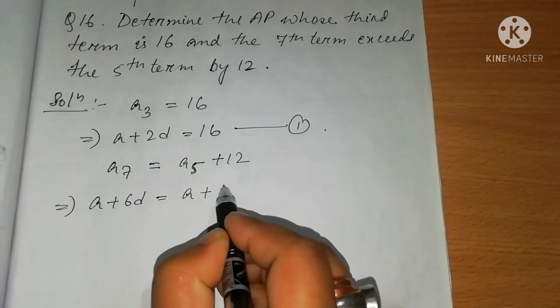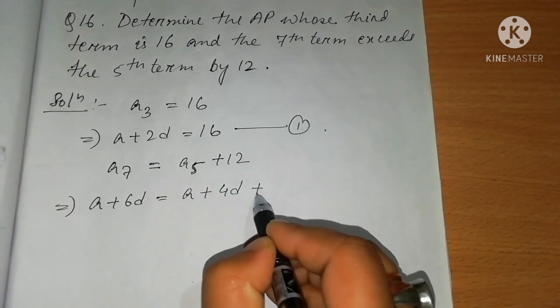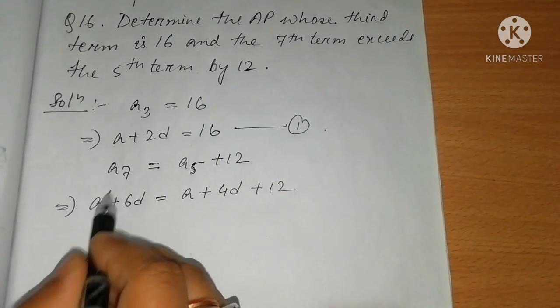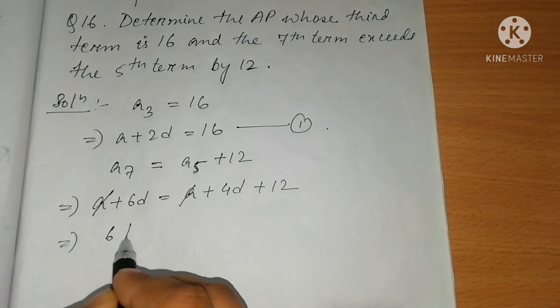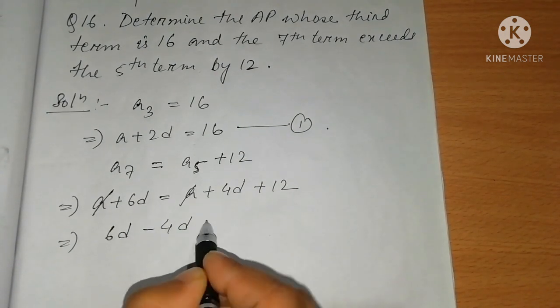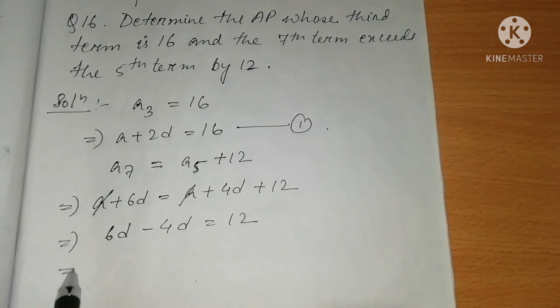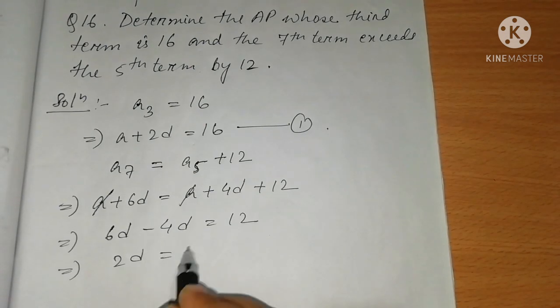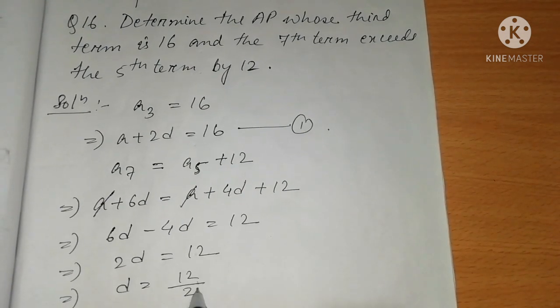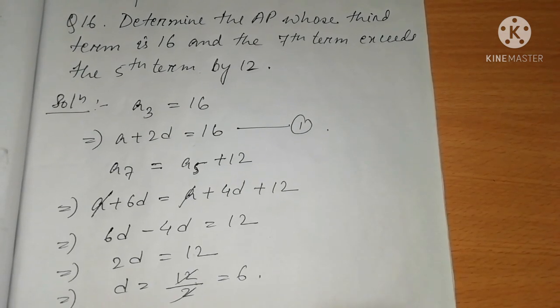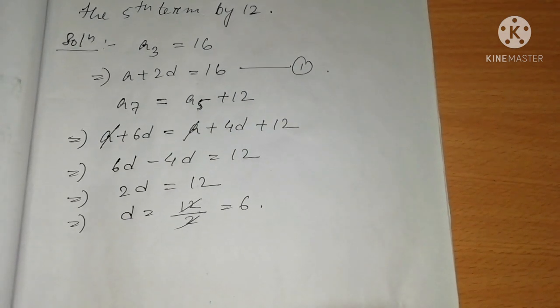A5 in general is a plus 4d, plus 12. A can be cancelled. So 6d minus 4d will be equal to 12. 2d is equal to 12. So d will be equal to 12 by 2. That means d we got as 6.